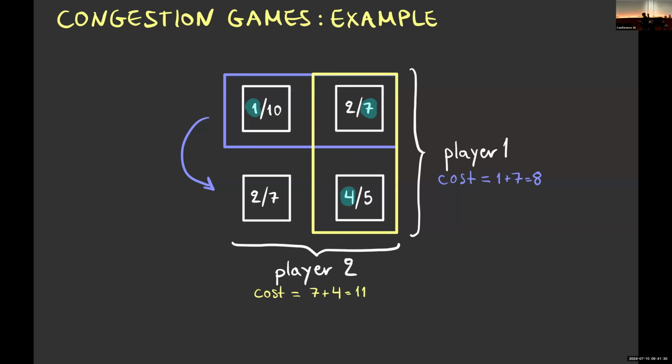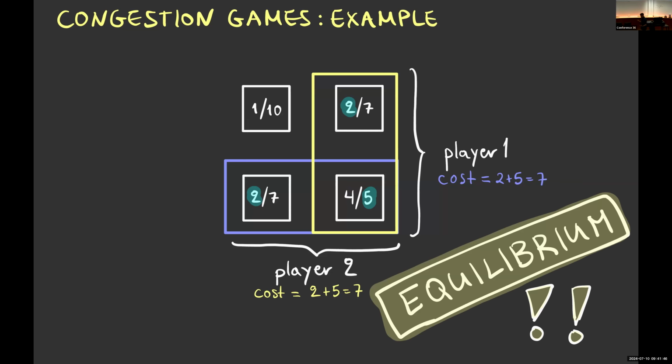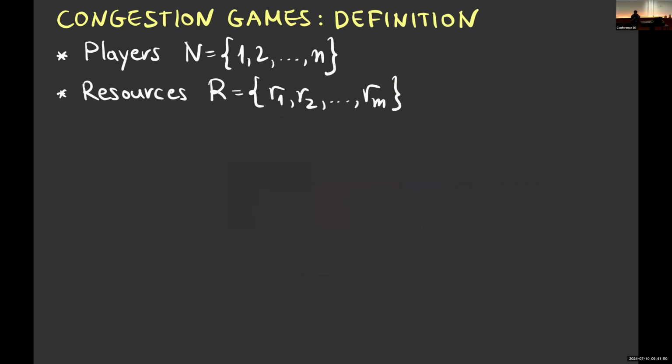And now we can see that player 1 wants to deviate now and go from 8 to 7. Okay, and now we're at the situation where these kinds of unilateral deviations have no improvement for the players. So this is what we call an equilibrium, and this is a stable state here. Okay? So these are the kinds of situations that we want to model. These are the kinds of stable states we want to find.